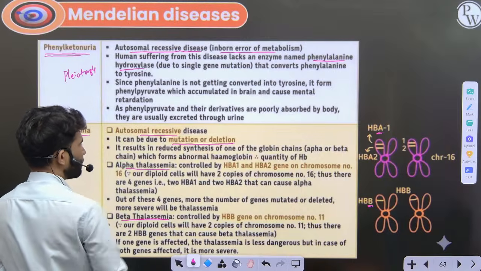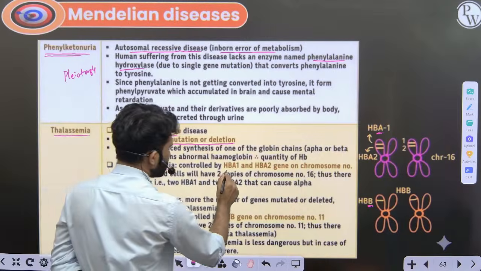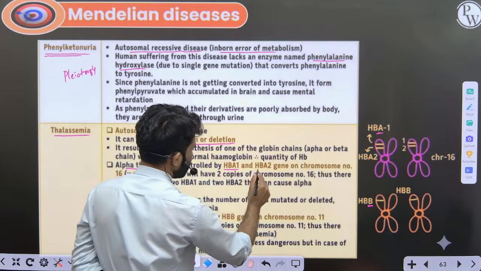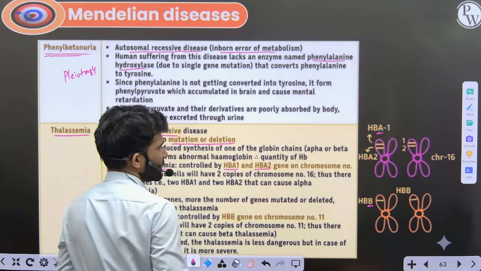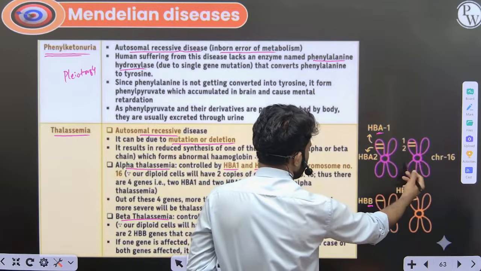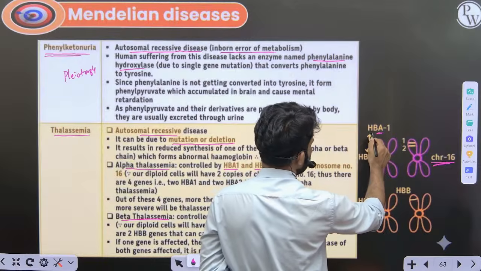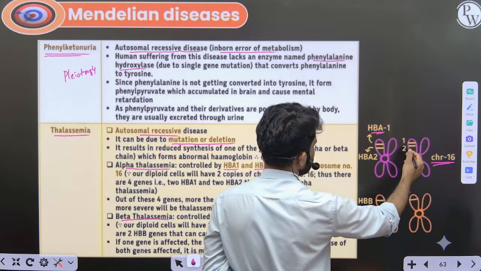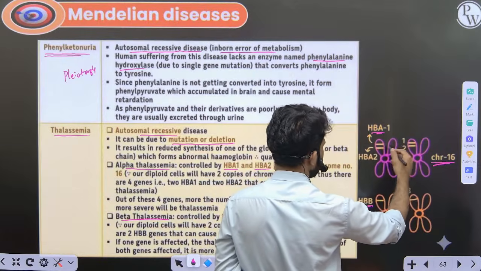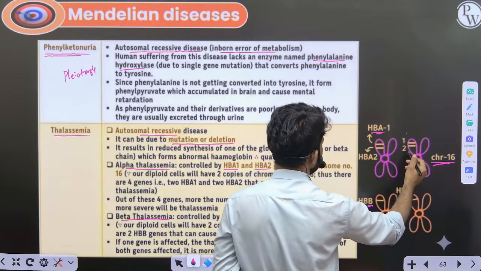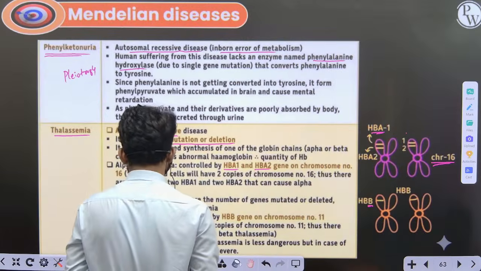In alpha thalassemia, which is controlled by two genes, HBA1 and HBA2, located closely together on chromosome 16.